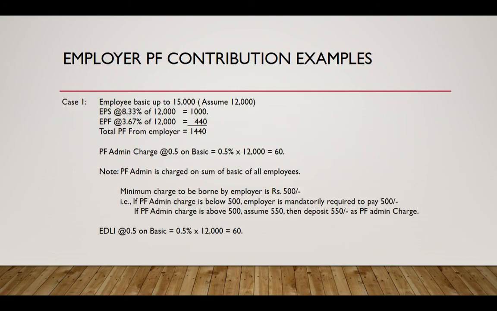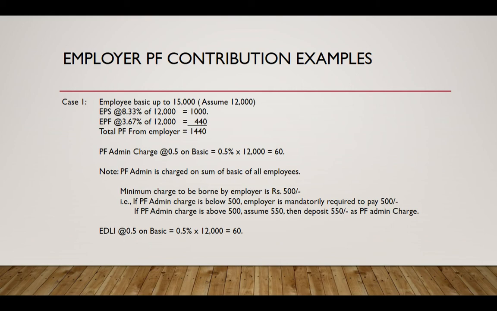Alright, so now let's understand with an example regarding employer PF contribution. We will be discussing two cases, and this is the first case where employee basic is below 15,000 rupees and I assume it as 12,000 rupees, and we are calculating contribution from employer's end and not from employee end.